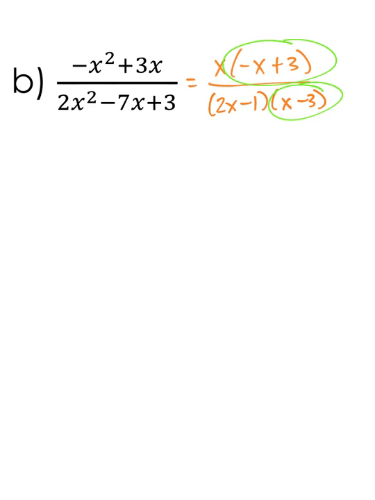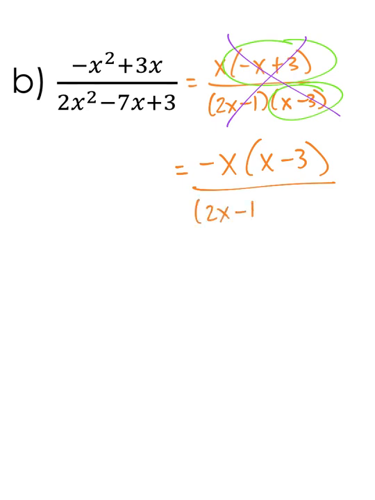Here we've got +x minus 3. So what I want to do is factor out a -x. And then my denominator stays the same. Now I've got the same value on the top and the bottom.